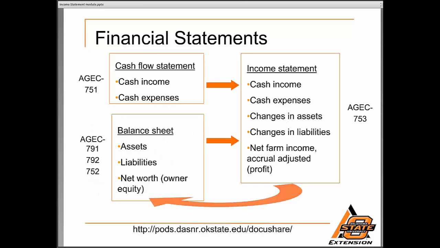The income statement is tied directly to information gained from the cash flow statement and beginning and ending balance sheets. For more detailed information on developing an accrual adjusted income statement, please visit the OSU Fact Sheet Ag Ec 753. It provides a farm example with detailed explanations.